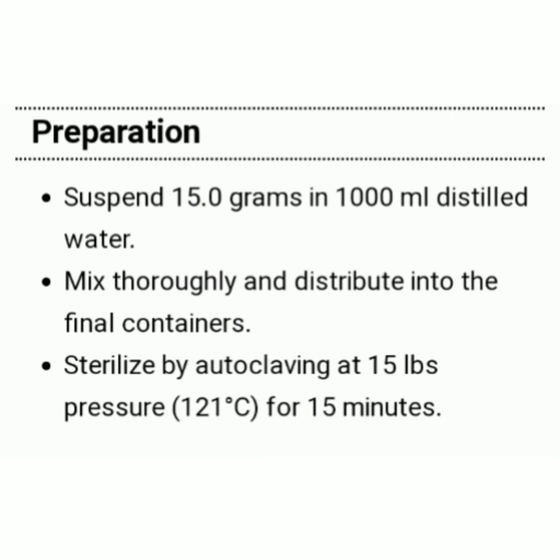You mix thoroughly in the container, and you have to sterilize it. And how can you sterilize this medium? You just need to autoclave it at 15 lbs pressure at 121 degrees Celsius for 15 minutes. So you have sterilized your media, right?